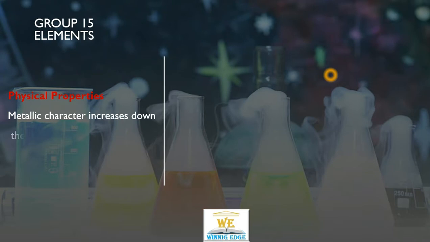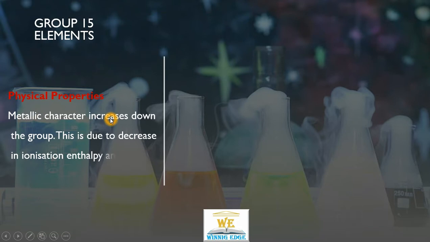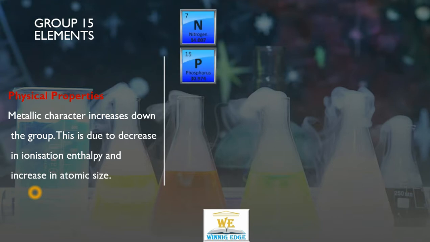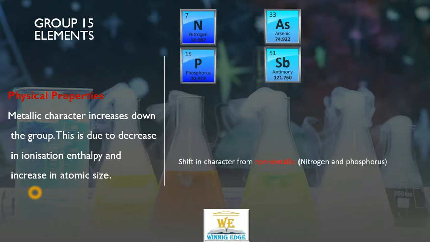Next is metallic character. Metallic character for these group 15 elements increases down the group. This is due to the decrease in ionization enthalpy and increase in atomic size. With reduction in ionization enthalpy, electrons have more mobility or freedom to move in the crystal.